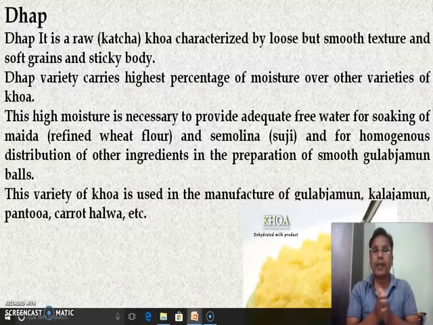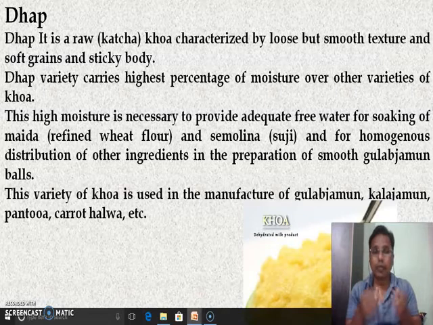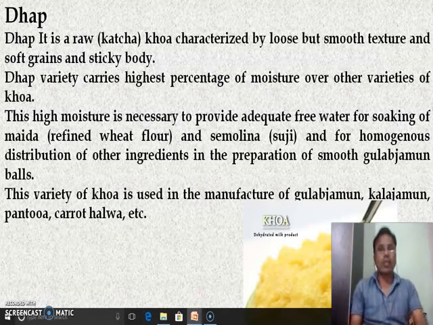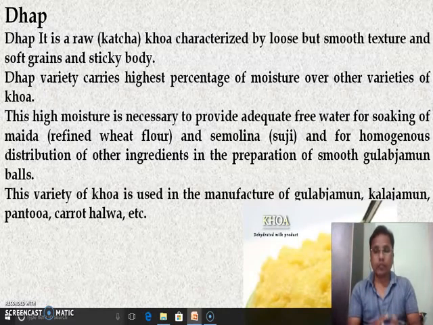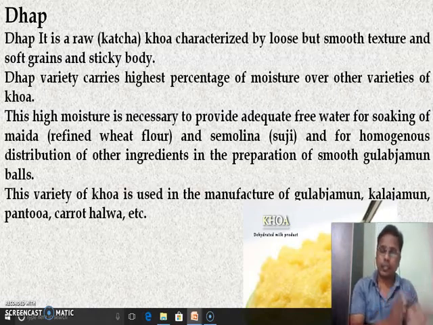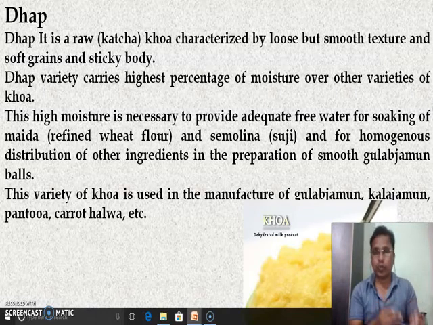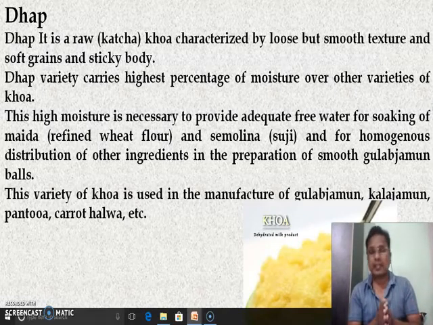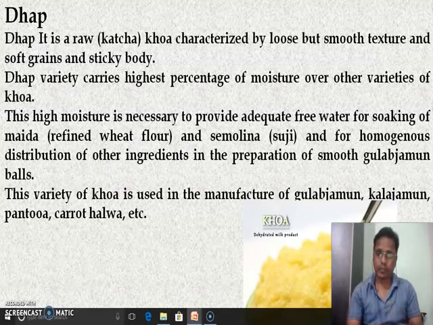This variety of Khoa is used in the manufacture of gulab jamun, kala jamun, pantua, carrot halwa, etc. So this type of Khoa is generally having more moisture content. This is the main characteristic of this type of Khoa, which is also called the kacha Khoa or the raw Khoa, having smooth texture, soft grains and sticky body.